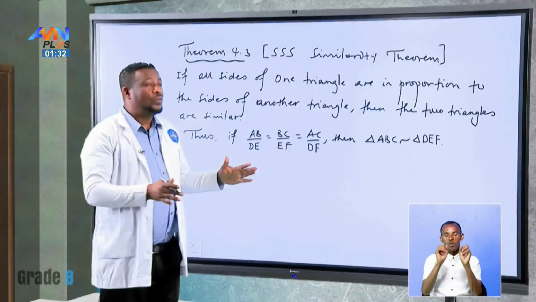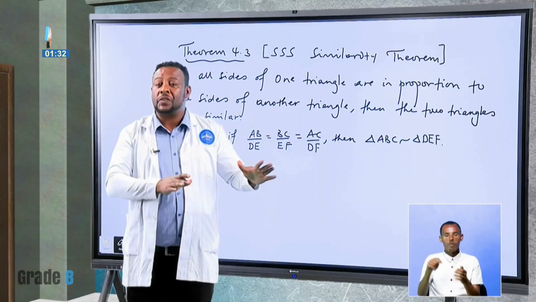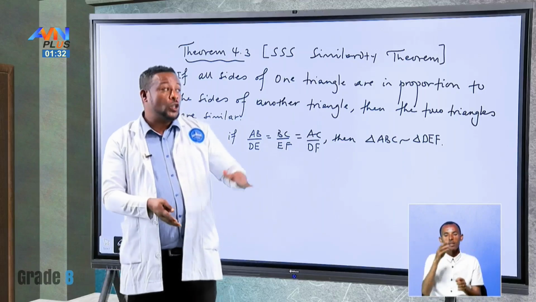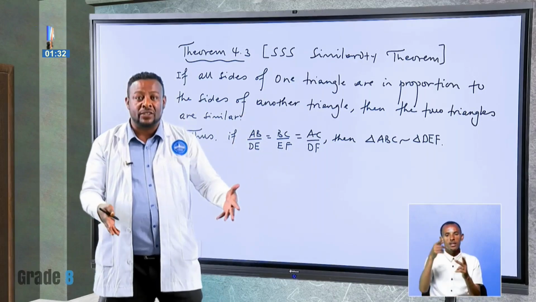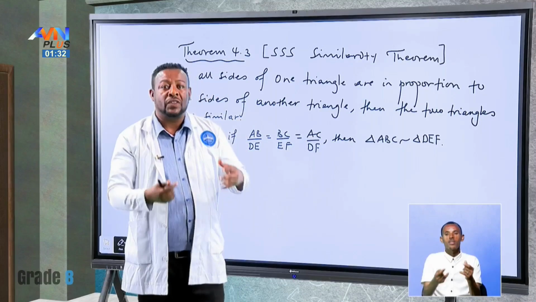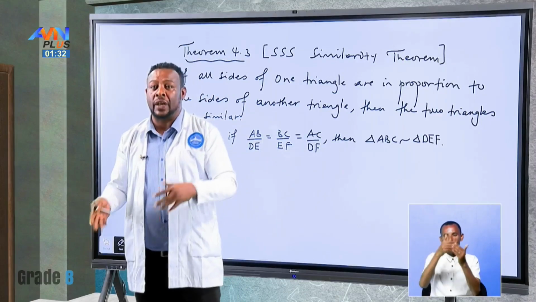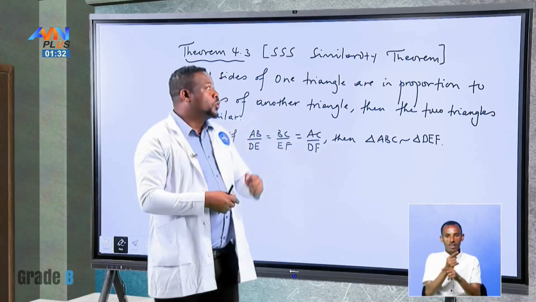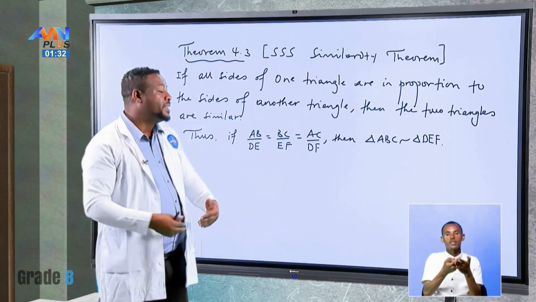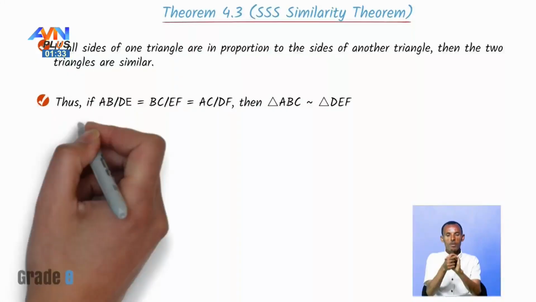So these three theorems follow different approaches to check whether two triangles are similar. The third theorem requires only the comparison of the ratios of all the sides of the triangles, right? So to explain this using an example, let's see a simple case.